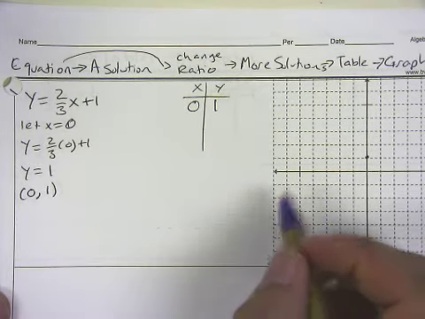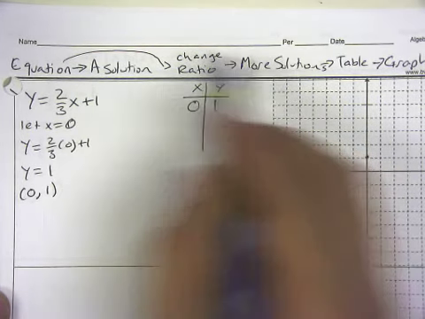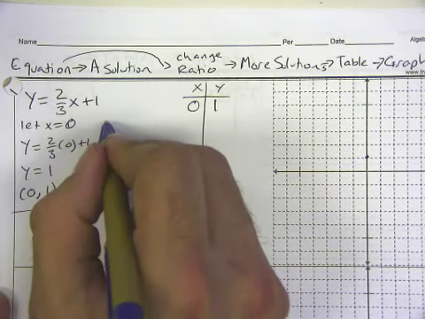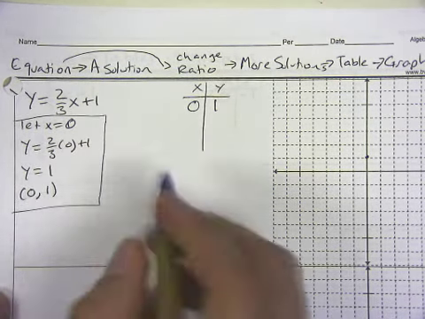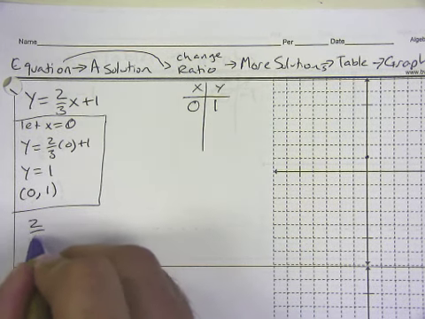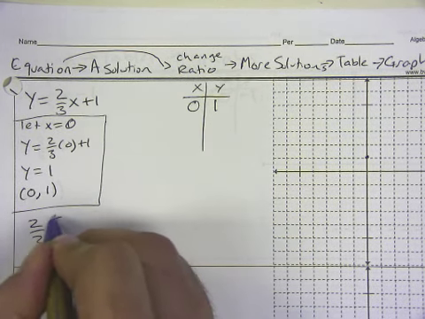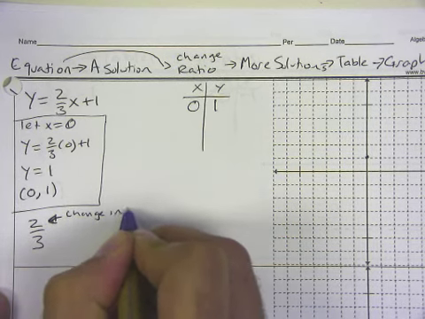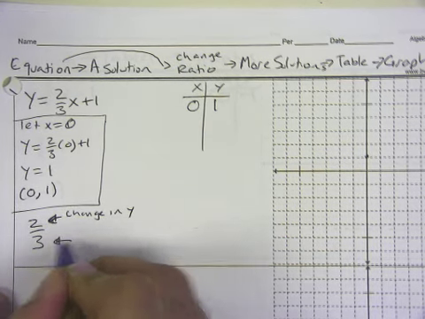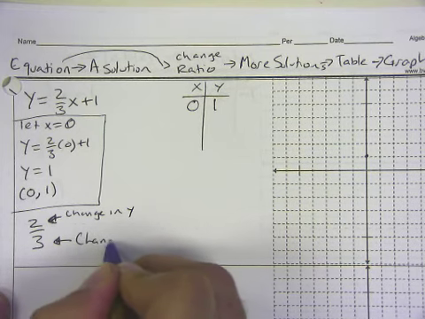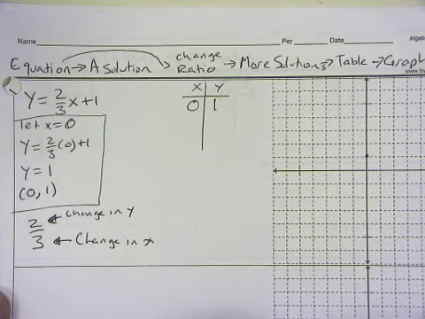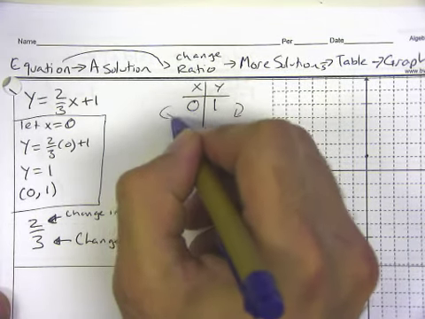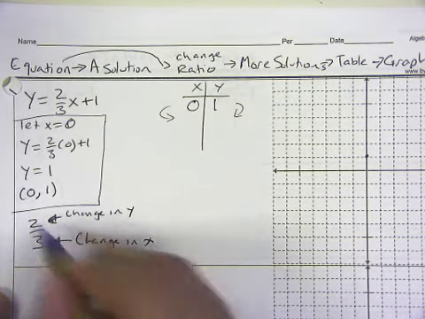Now what we need to find more solutions is our ratio of change, which in this case, go ahead and box off that bit of work, is 2/3. Remember, this is the ratio between the change in y and the change in x. So the ratio between how much those things change needs to be equal to 2/3.